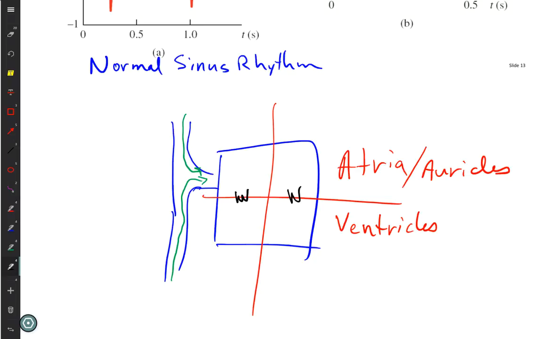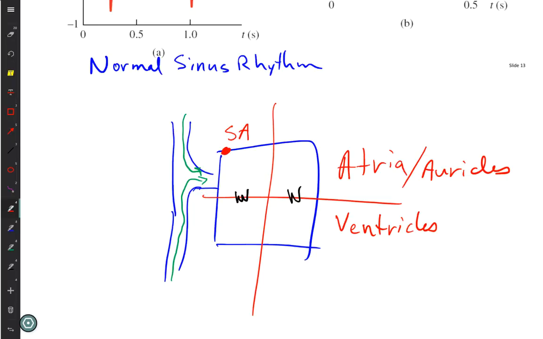So how does the electrical signal work? Once again, my EMT teacher was very simple. You have up here the SA node. The SA node is where the nerves from essentially the body's pacemaker, or the sinus, come to the atrium. So SA is the sinoatrial node. And so you have electrical signals that come there.